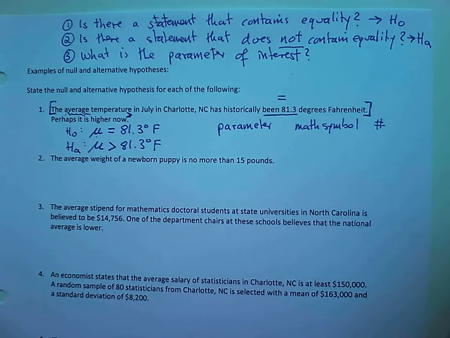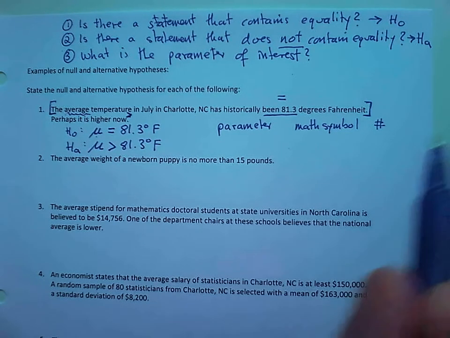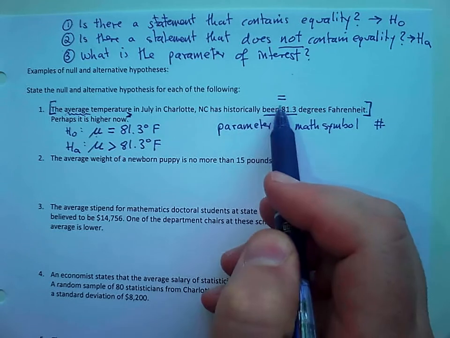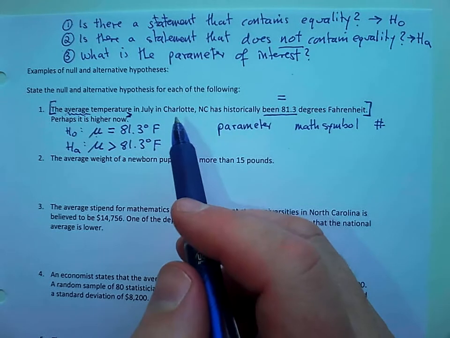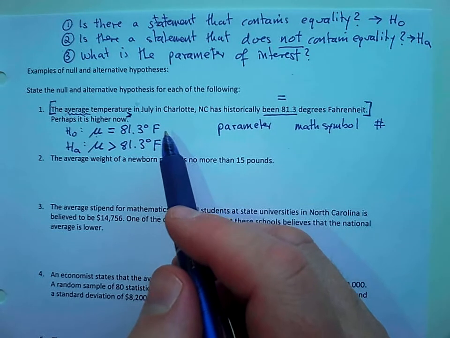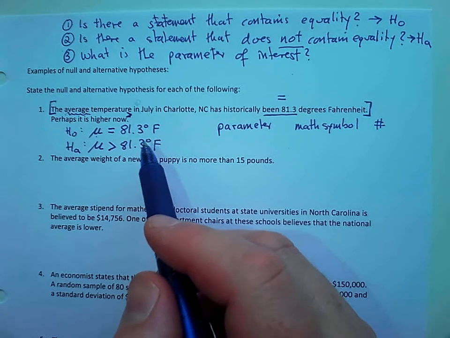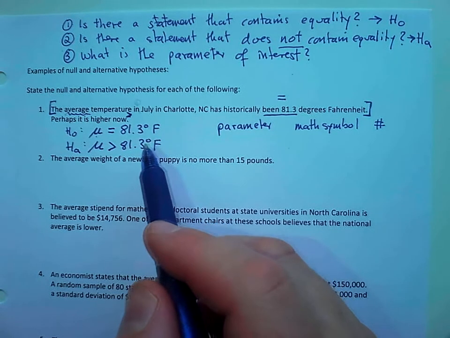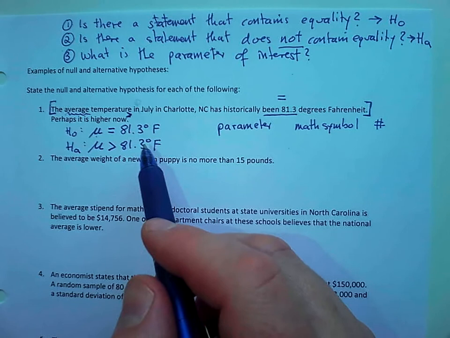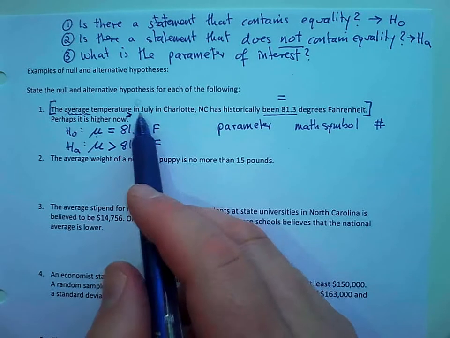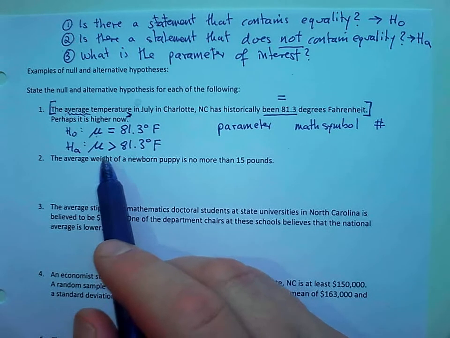A shortcut is this. If you have already used a statement and you've determined it contains equality, you can think of that statement as being used up. Typically speaking, we're not going to try to cram both the null and the alternative hypothesis into one sentence.